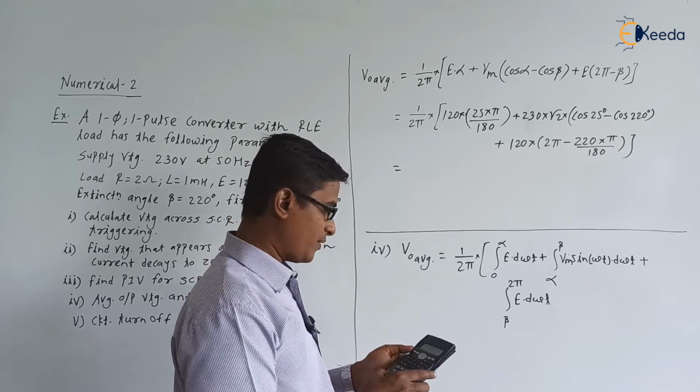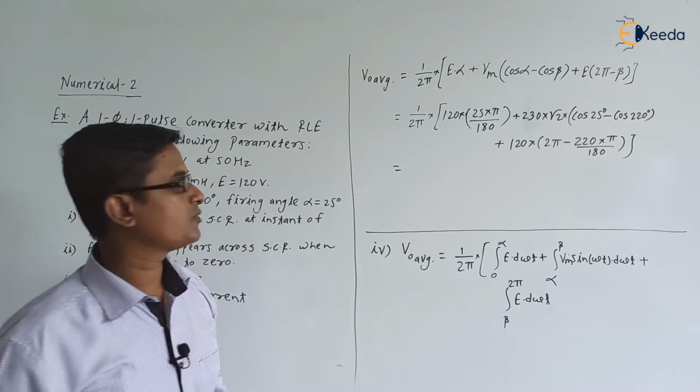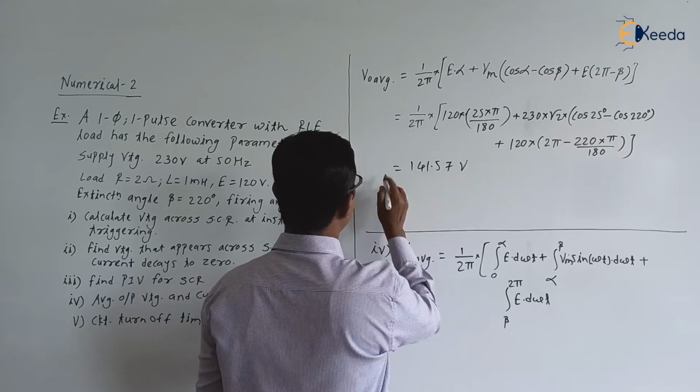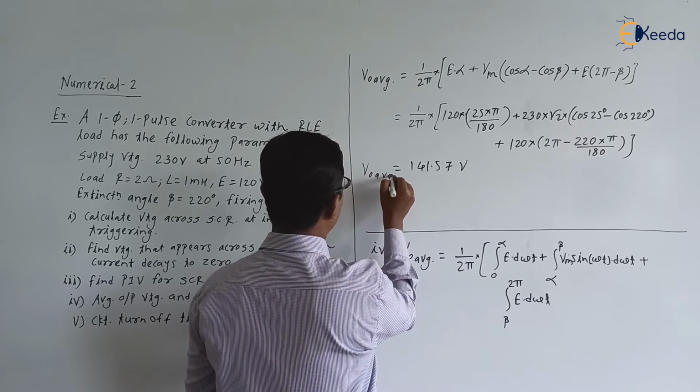So V0 average is 141.57 volt. This is V0 average.